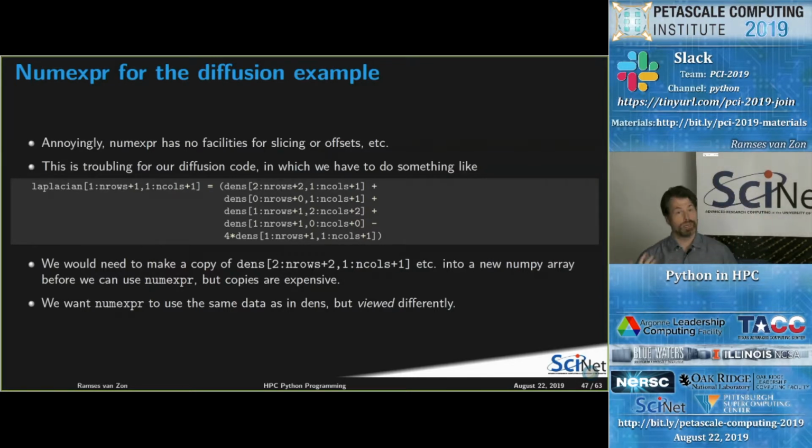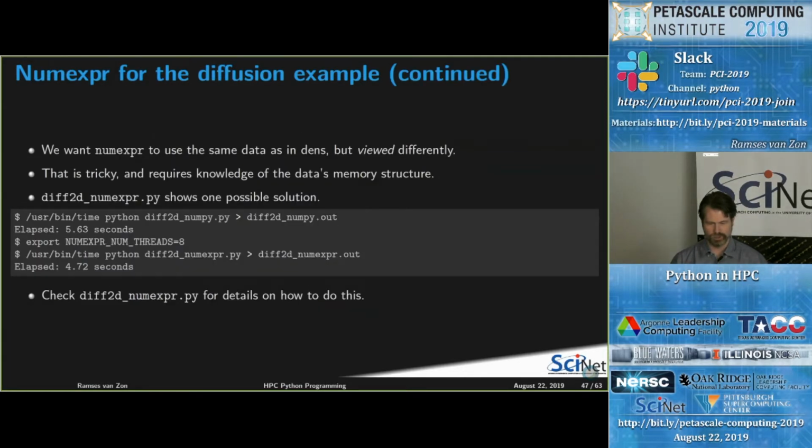The shifting we cannot do natively in numexpr, so you need to apply a trick for this to work. Now it becomes a little bit cumbersome. You have to make some sort of a view on the density array that looks like a regular array, except it's somehow still shifted. I'll let you figure out those tricks by just looking at the code yourself.